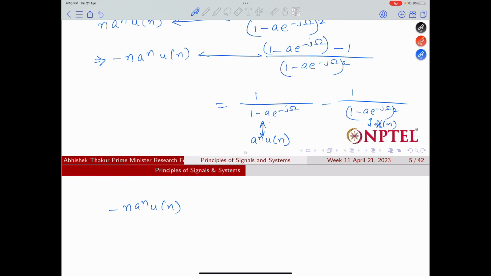Now if you take the inverse discrete time Fourier transform of the terms on the right hand side, you get a to the power of n u[n] minus x tilde of n.